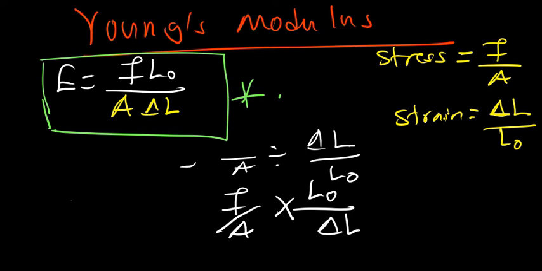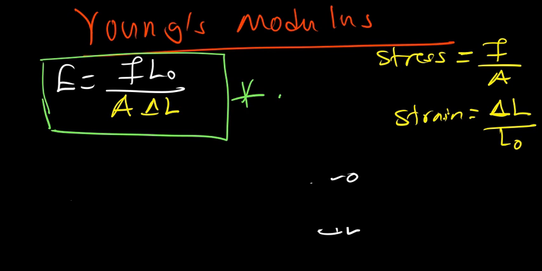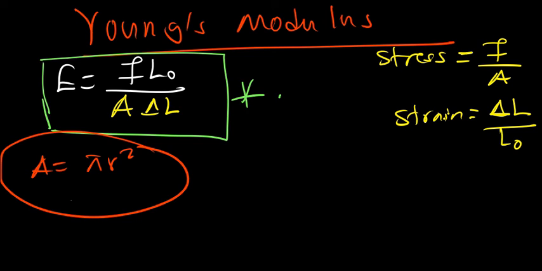And then one thing you need to know is that area, most of the times, if you have not been given area, they will give you maybe more like a wire. If they're asking about the wire, they will give you the radius. So to find the area is going to be given by pi r squared, always in that case. Is that okay? So this is what you need to know under deformation of solid.